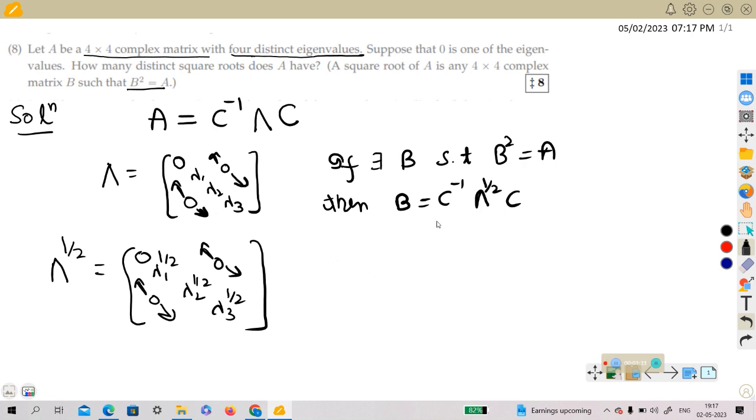First of all, if there is a B which is like this, then what happens if we take its square?